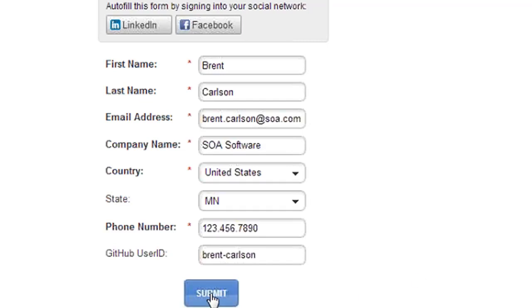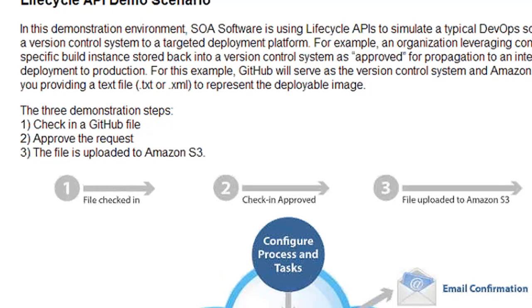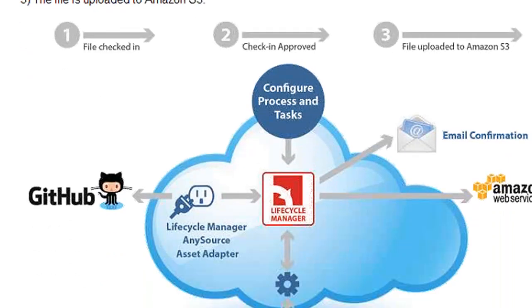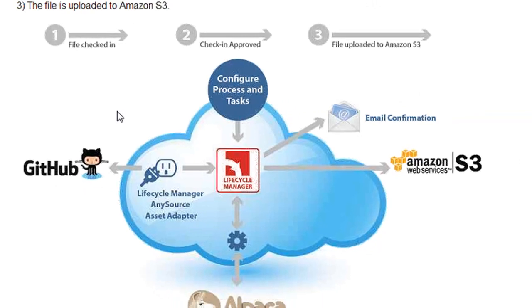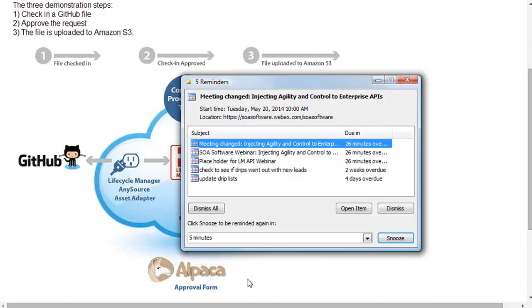So I'll submit this, and in the background, the Lifecycle Manager automation processes are going to run and stand up the demonstration instance. So the scenario we're going to go through here at the top level is to check in a GitHub file. That will result in a form being presented to us where we can approve or reject the request, filling in some fields that we specified as part of the mandatory process.